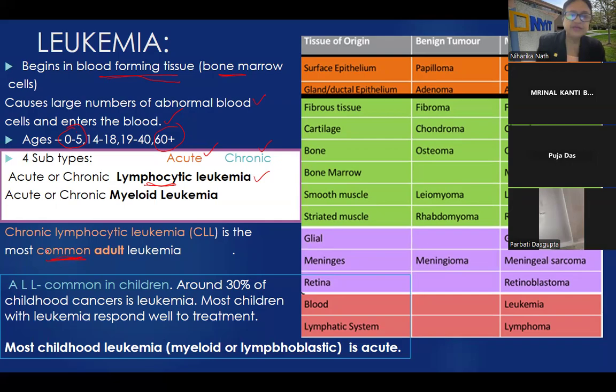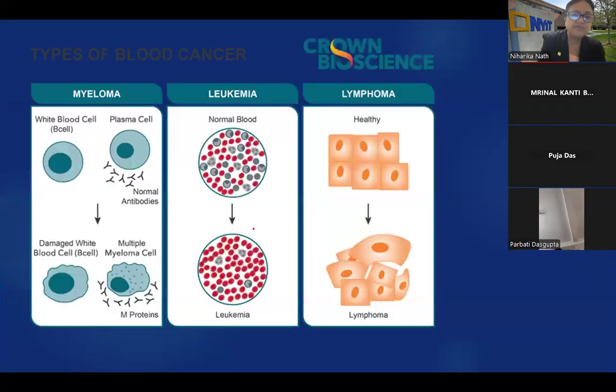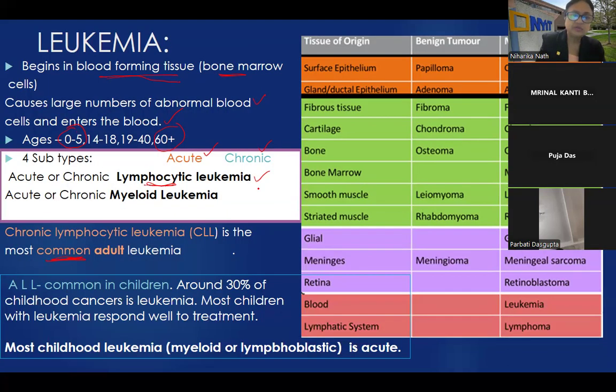But unfortunately, in children you will have acute lymphocytic leukemia, ALL. So in adults you will have the chronic one, but in children you have acute lymphocytic leukemia.